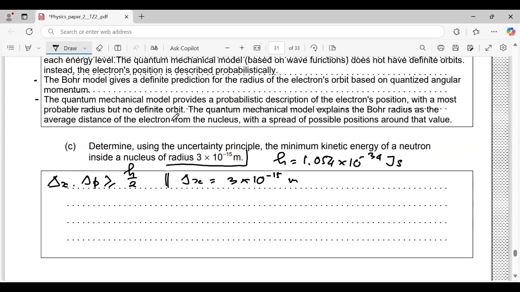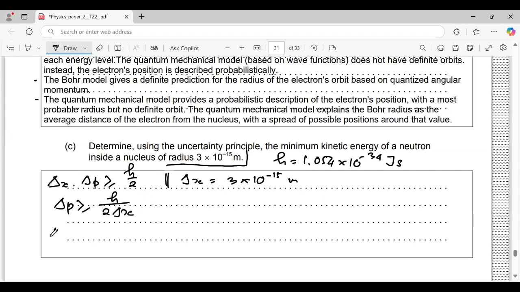Through the uncertainty principle, we gain delta p greater than or equal to h-bar over 2 times delta x.